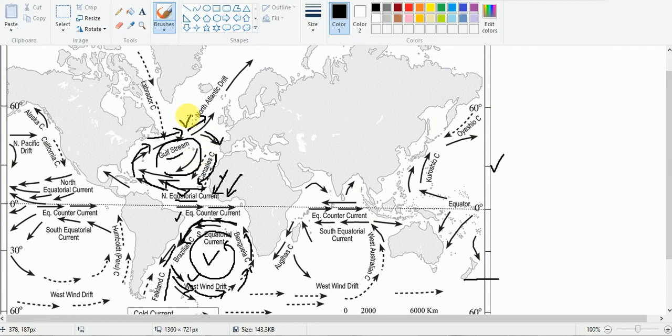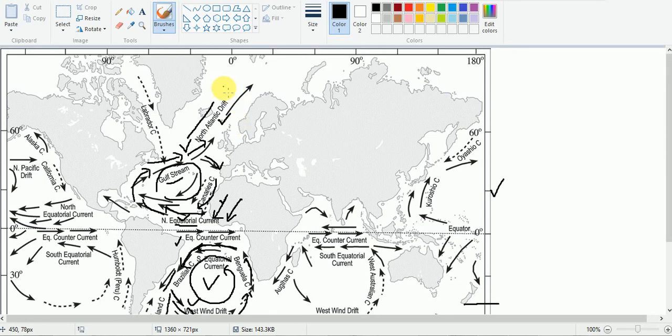Again it is drifting more towards the north under the influence of the westerlies, and here the name of the ocean current is known as North Atlantic Drift, and it will move towards the polar area.